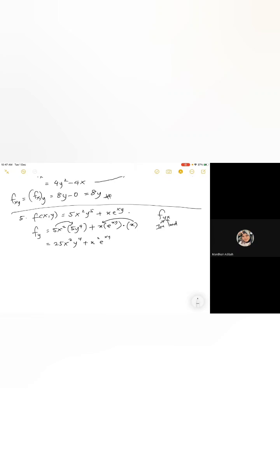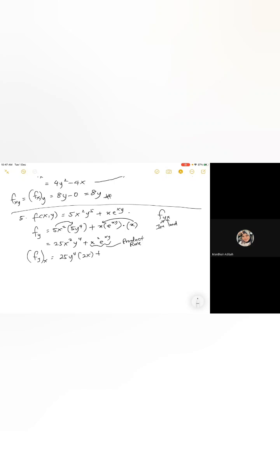Okay, now fy differentiate with respect to x. So the 25y to the power of 4 is constant. Differentiate x to the power of 2 will be 2x plus, okay, this is where you have to use product rule when you want to differentiate with respect to x. Why? Because there are x to the power of 2 there, which is the polynomial, and exponent xy, which is the exponent.